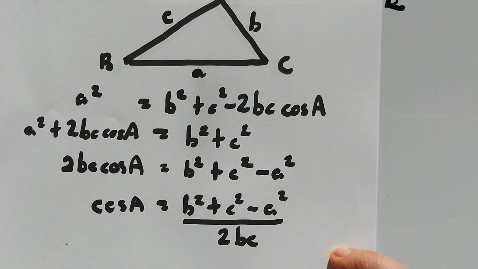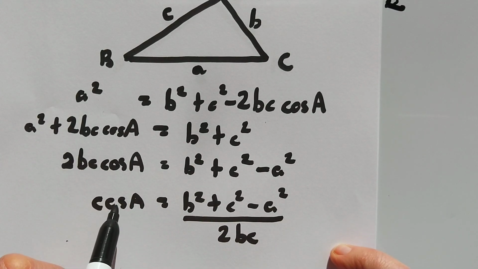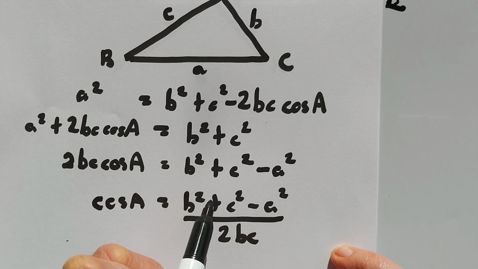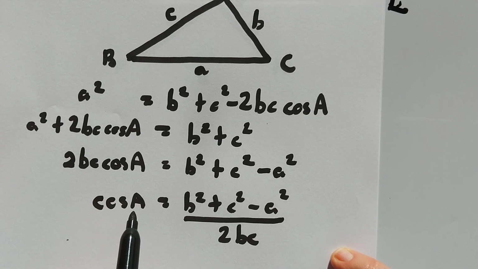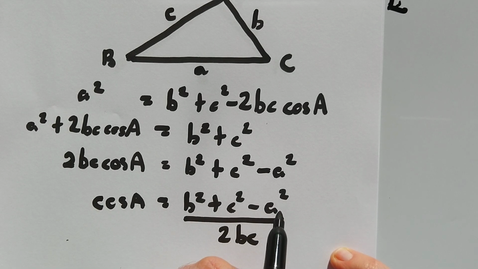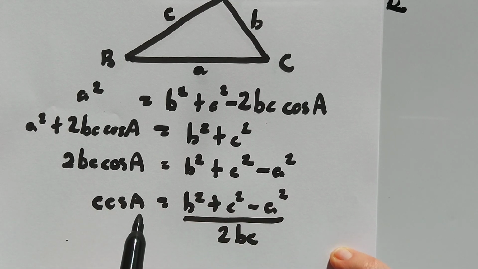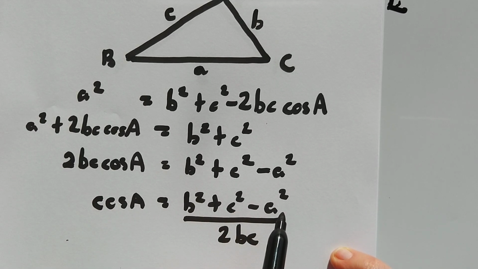So in our final formula, what we have is cos A, b squared plus c squared. The one that I subtract out of my three sides is the one that corresponds here: angle A, subtract side a. In other words, the side opposite the angle we're looking for is always the one that I'm subtracting.